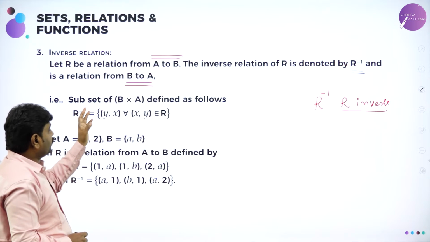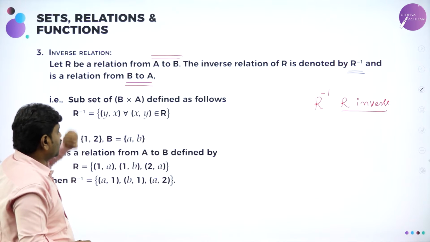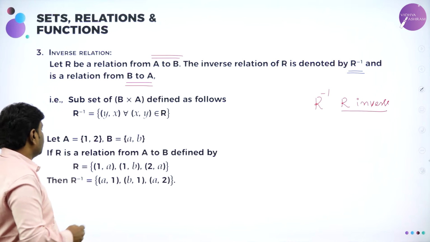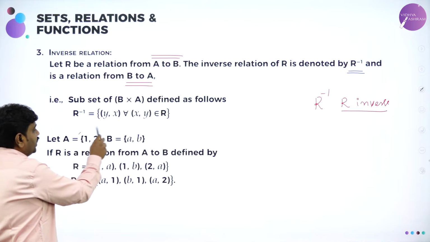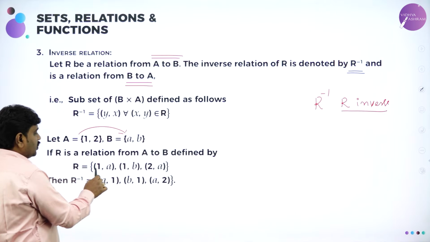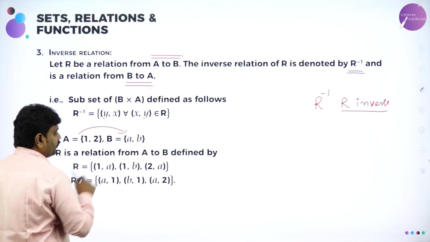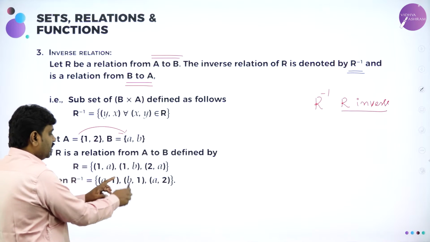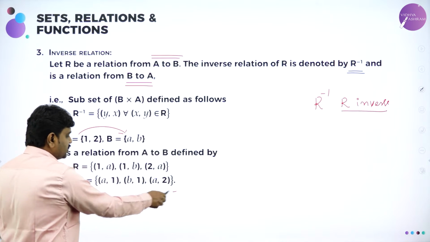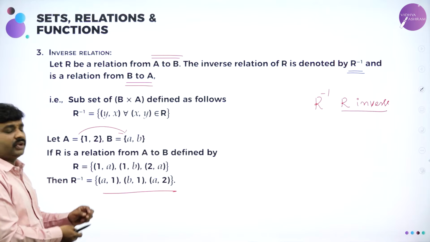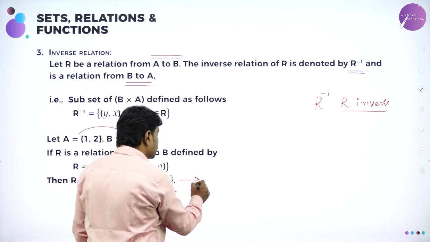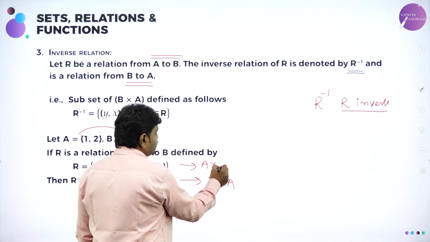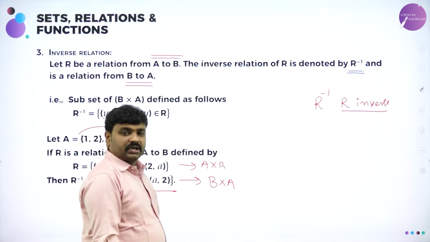And if you have the ordered pair (x, y), here it will become (y, x). For example, from set A to set B, they wrote a relation (1, a), (1, b), (2, a). R inverse will be the reverse: (a, 1), (b, 1), and (a, 2). This is R inverse, from B to A. R inverse will be a subset of B cross A, whereas R is a subset of A cross B. Understood?